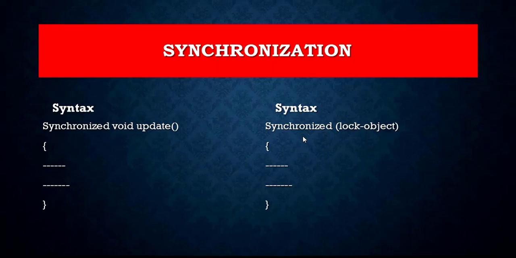In that case, we use the concept of synchronization. We are going to use the keyword synchronized, so that the process will be locked until that particular process has been completed. If some other process tries to access it, it will be blocked, and there will be a key to access that particular part. Basically, we are going to lock until that process completes its task. Let me give you this example so that you will understand.